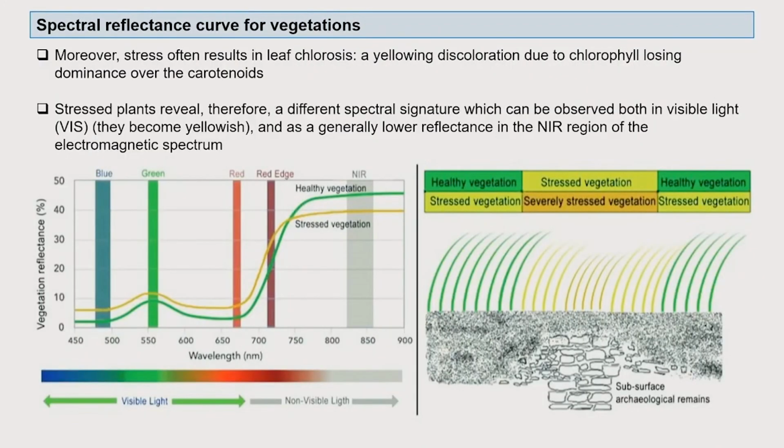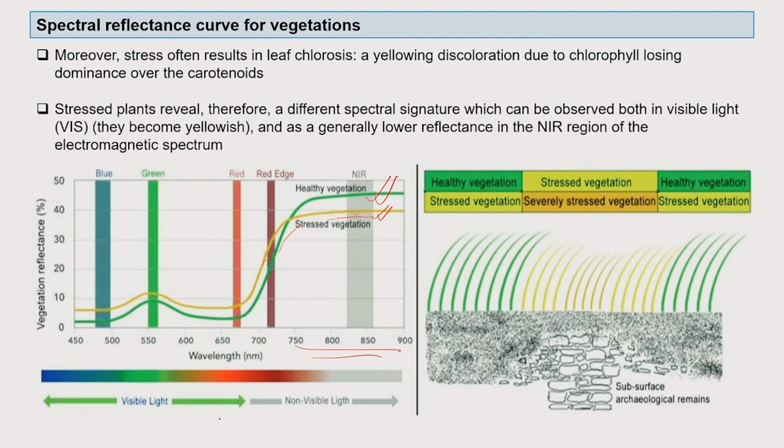Okay. In this picture, the green color is the reflectance curve for healthy vegetation, and this light yellowish one is for stressed vegetation.